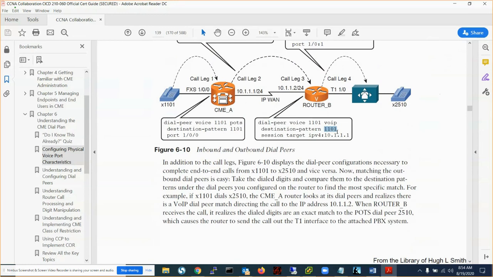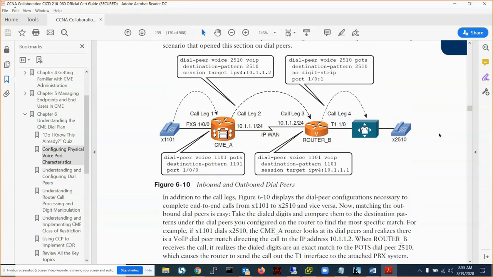It will be sending its caller ID and it will use the destination pattern 1101 for a match. So it will use this dial peer as its inbound dial peer, right? And so in the case of router B, its inbound dial peer will be dial peer 1101.